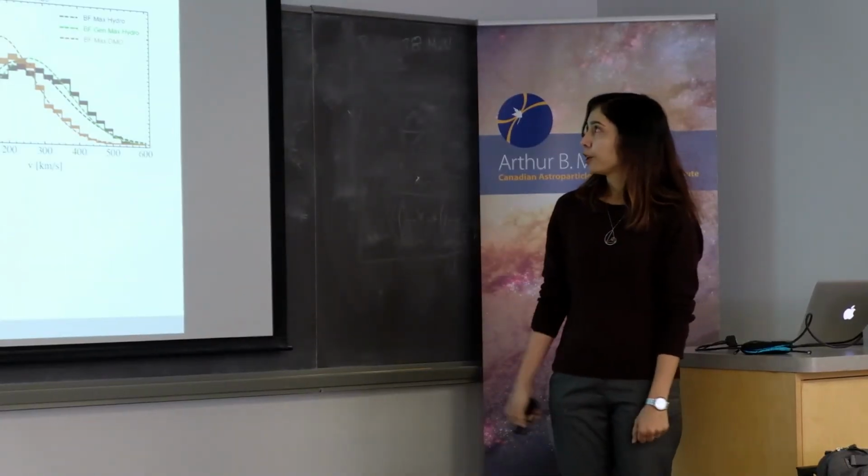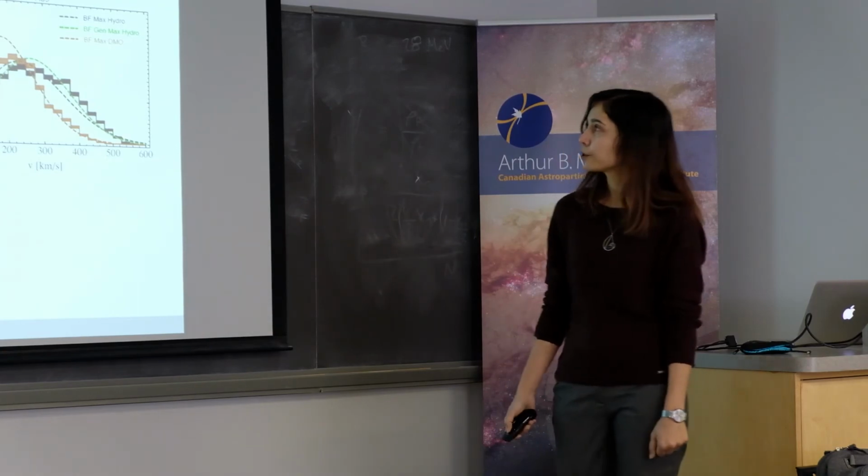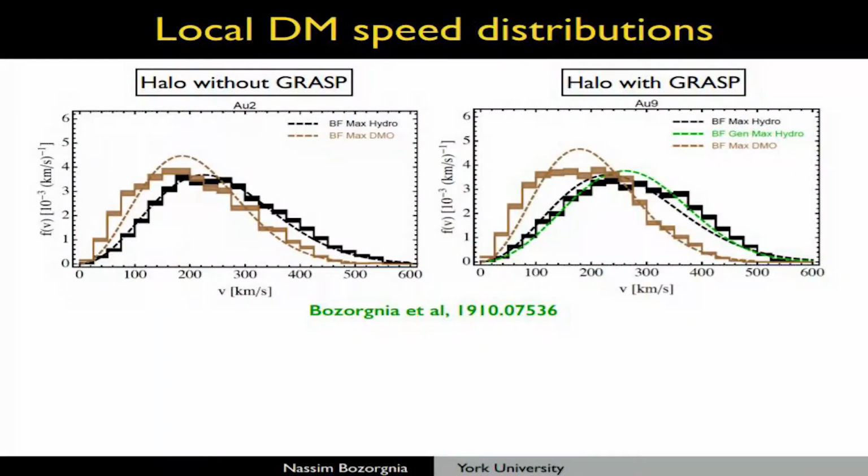And then for what happens with the speed distributions, this is comparing a halo which doesn't have this GRASP structure, where the black is the hydrodynamical dark matter velocity distribution, and the dashed is their best fit Maxwellian.